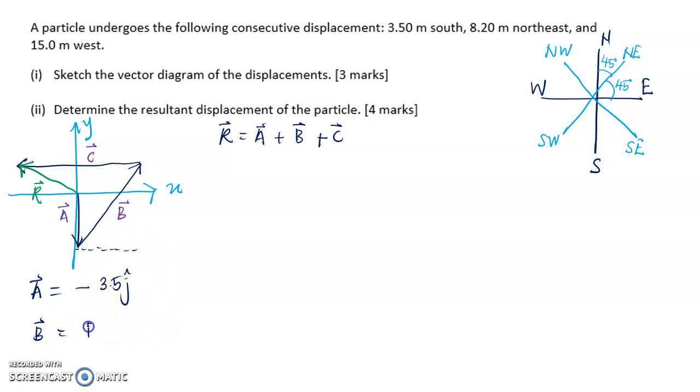It will have Bx i plus By j. We can write down the magnitude, which is 8.20 cos 45 degrees i, and then plus 8.20 sin 45 degrees j.